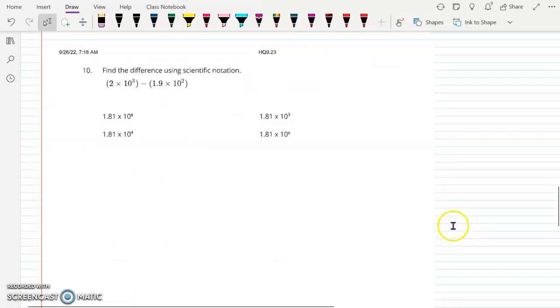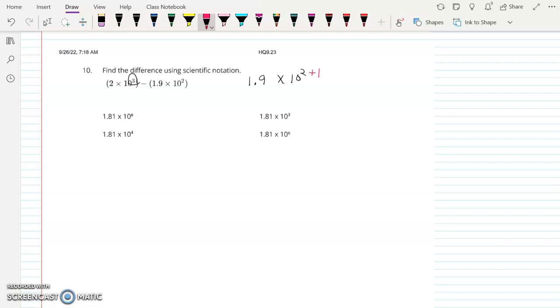And our last question is a subtraction question. Again, I'm going to choose the higher power to change my powers. Both powers have to be the same in addition and subtraction. So let me take 1.9 times 10 to the second. I need to add 1.